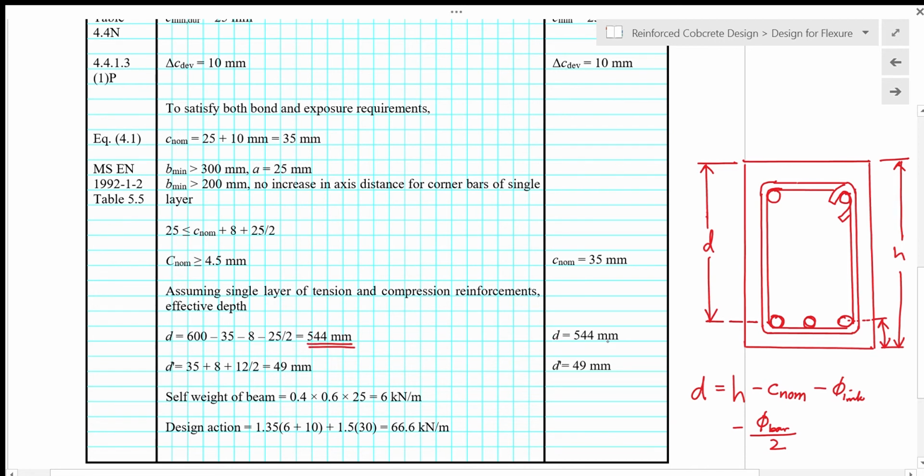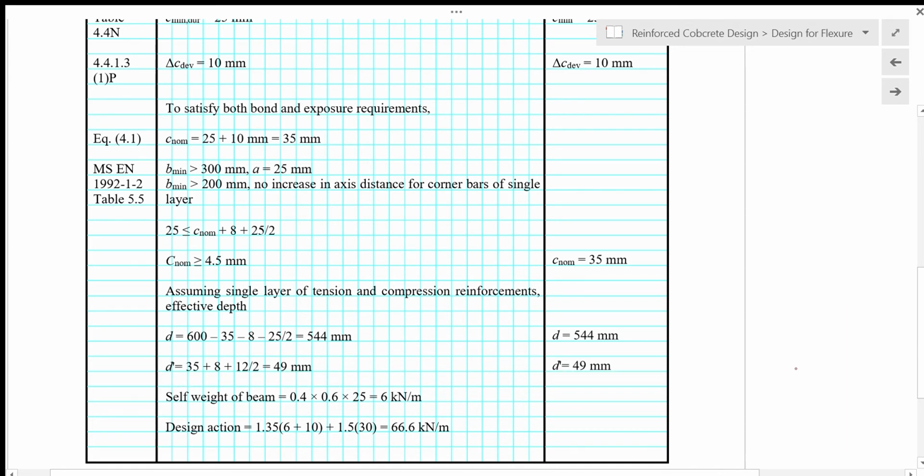So the output, we put it on the right hand column. And then for d prime, d prime is the nominal cover C nom plus the link diameter plus half of the bar diameter. So we assume that we are using 12 mm compression bar. So we have C nom plus diameter of link plus half diameter of the compression bar. So it's 49 mm. So we put d prime output on the right column there.